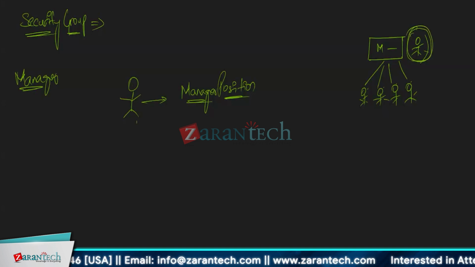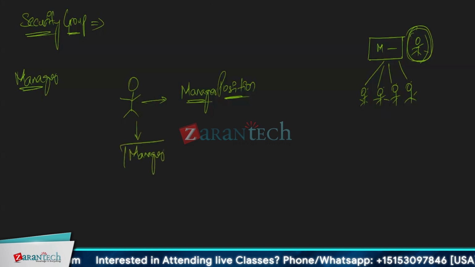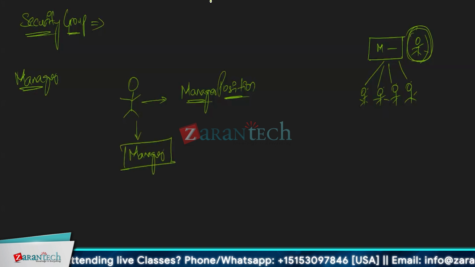So if this person is assigned the manager security group, Workday knows that, hey, this person is a manager, and that's how Workday is going to send it. So how does Workday know that this person is the manager for this particular supervisory organization? It will depend upon the security access that is assigned to this employee.